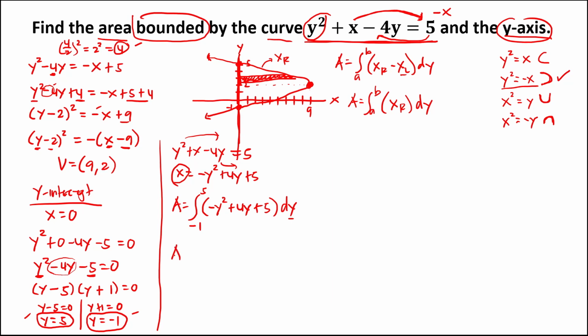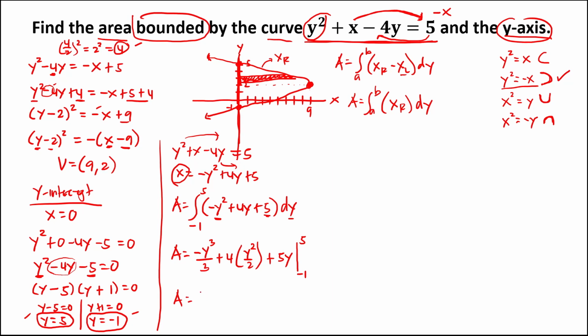Then to integrate, the integral of negative y to the power 2, plus 1 for the exponent, is negative y to the power 3 over 3, plus, put the constant outside, plus 1 for the exponent, y to the power 2 over 2, plus the integral of a constant, just add the variable, 5y, from the lower limit to the upper limit.